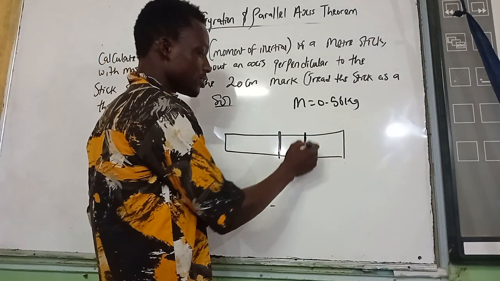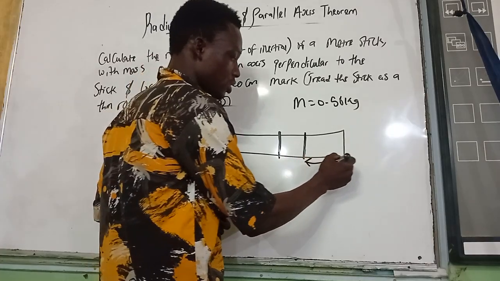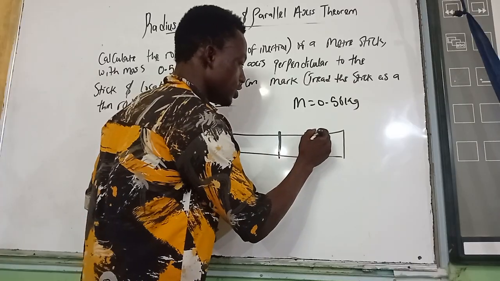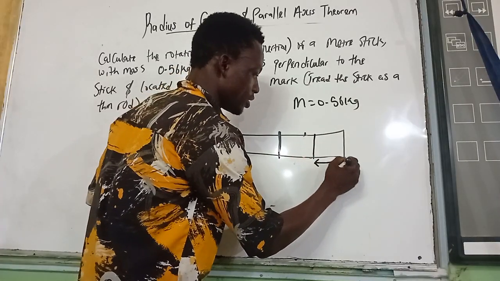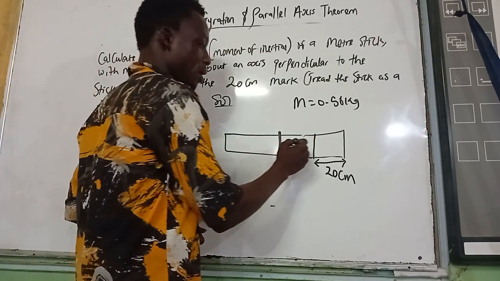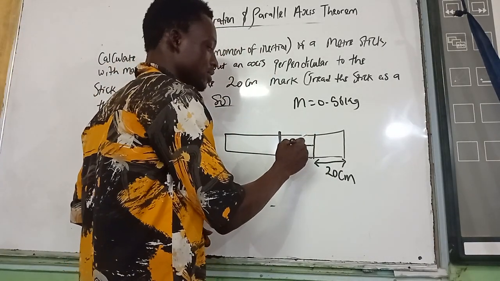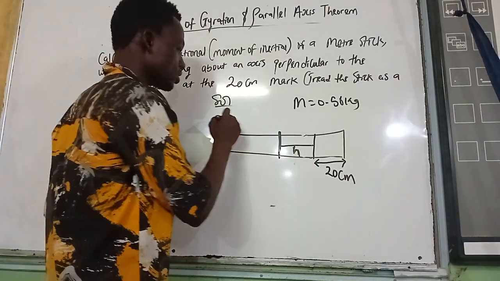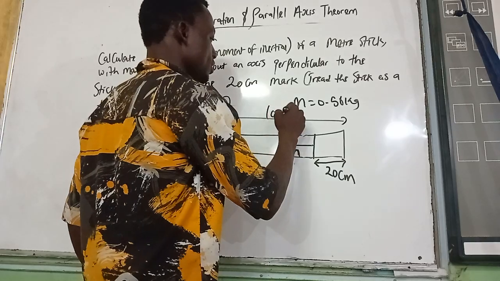So the new axis is located at the what? Okay, let me just draw it. The new axis is located at the 20 centimeter mark. Now we need the perpendicular distance between the new axis and the center. Since this is a meter rule, the whole length is what? 100 centimeter.